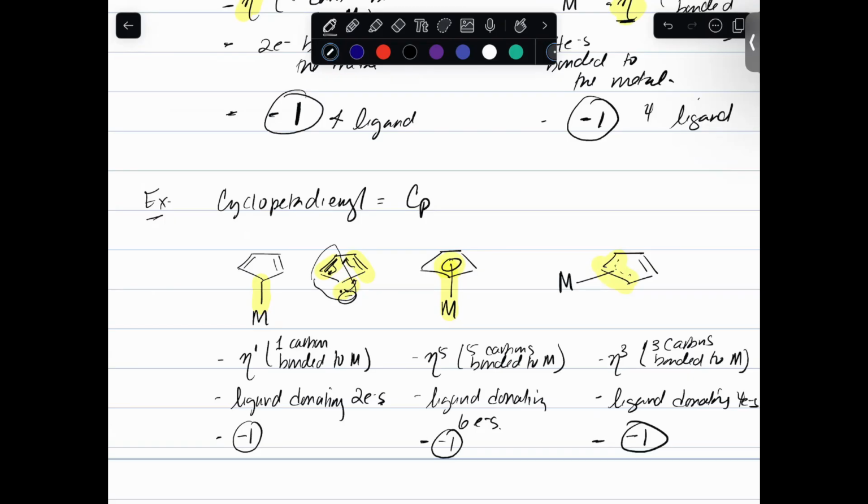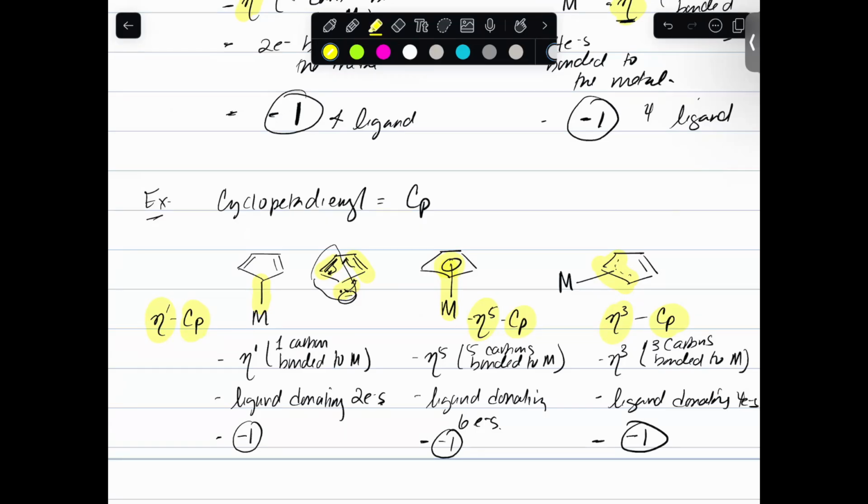So in this case, this would be eta 1 CP. This would be eta 3 CP. And this would be eta 5 CP. And so what they all have in common is clearly the CP, the -1 charge. It's just how it's bonded to the metal, or how many atoms are bonded to the metal.